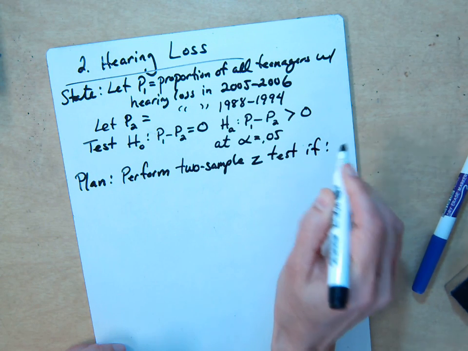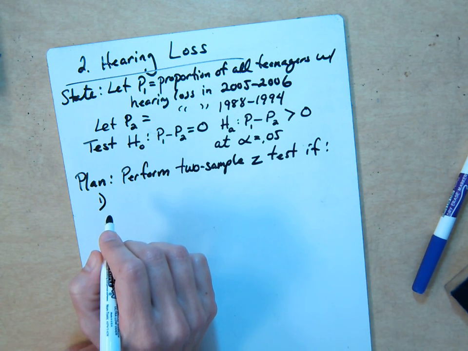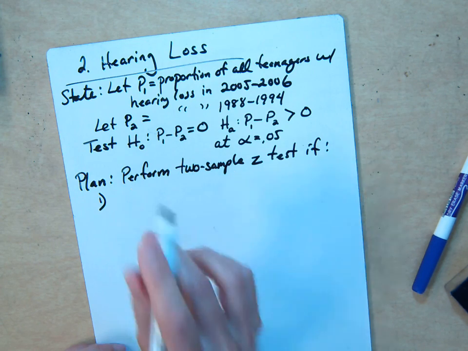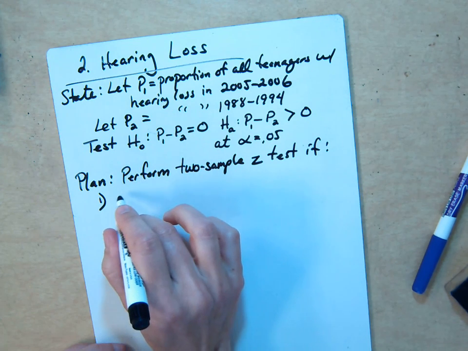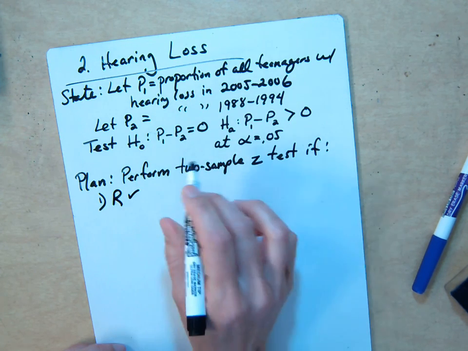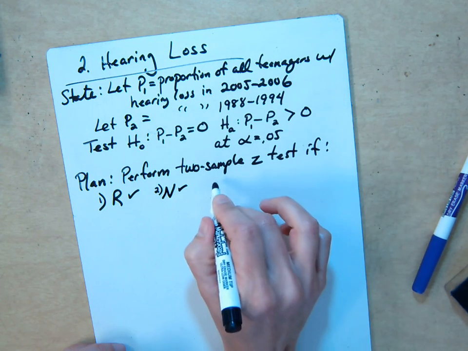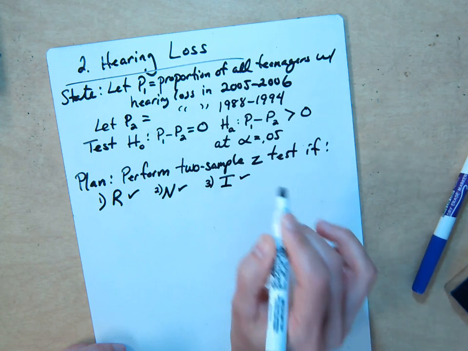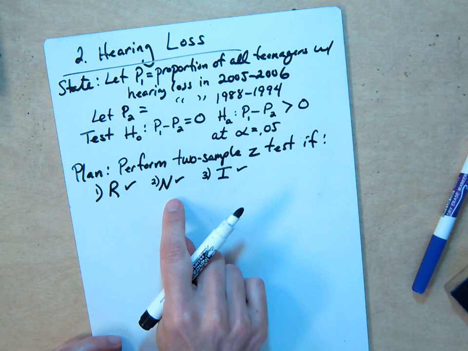Now from today's assignment forward, on only the homework, not on the test, not on the AP test, if you feel like you know how to state the conditions, you can skip them and write R and I. Only on the homework, and only if you know what you're doing and you're confident you're not going to miss it. And keep in mind that in this case, for normal, it's not NP greater than or equal to 10.